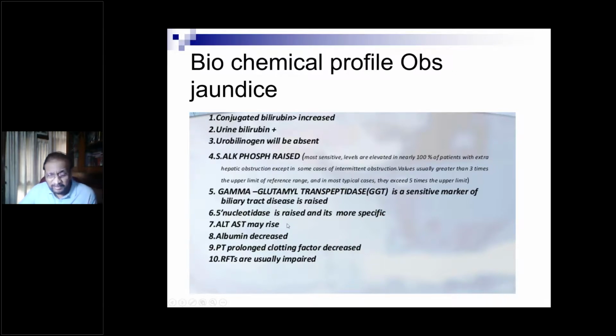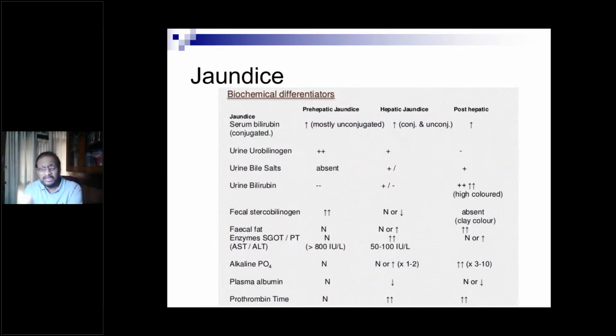ALT, AST may or may not rise. Albumin is decreased. PT is prolonged, INR increased. And renal function tests may be impaired. So all these things you have to remember when talking about obstructive jaundice. That's why, for the biochemical differentiation, you don't have to memorize this. If you remember what's happening, you can easily know what is happening in this patient.